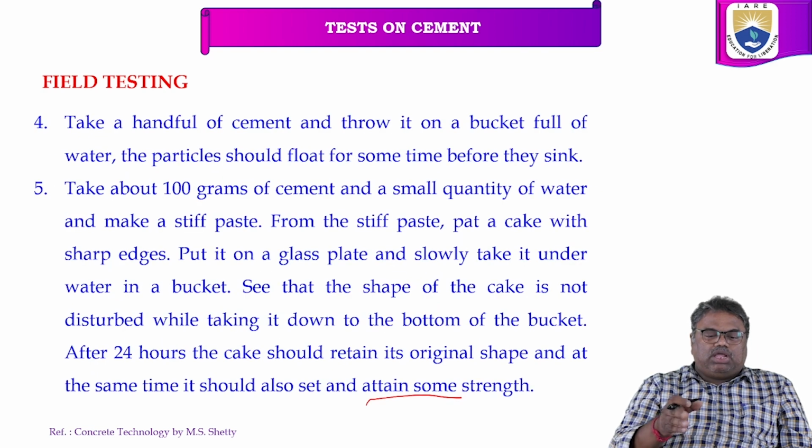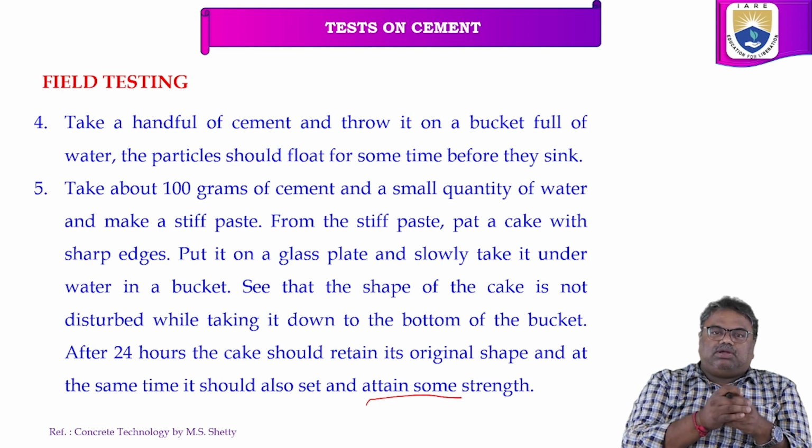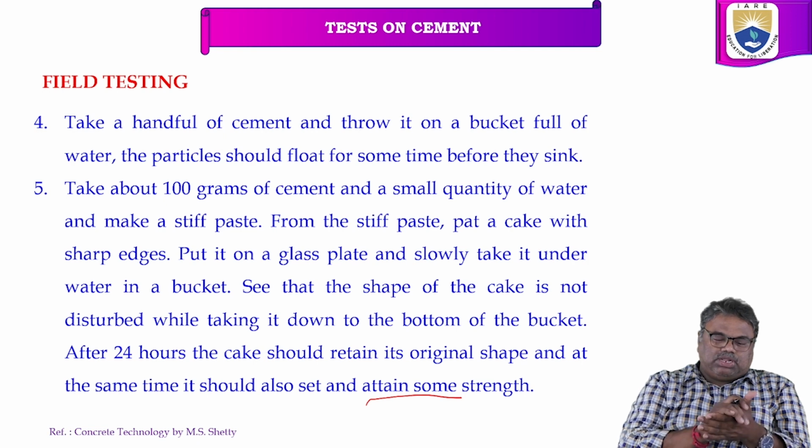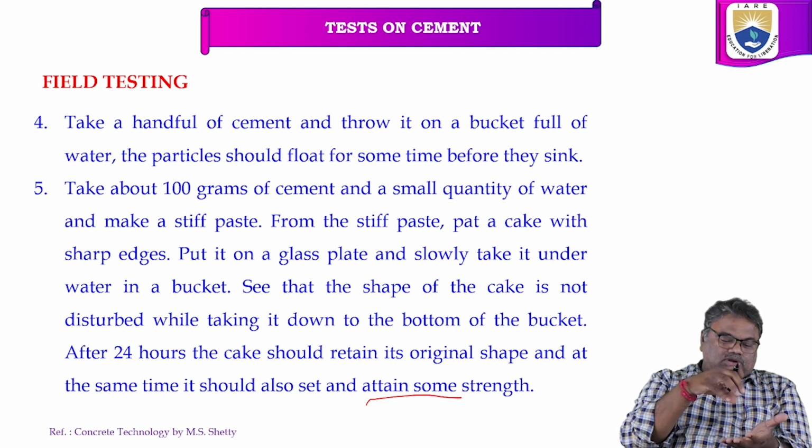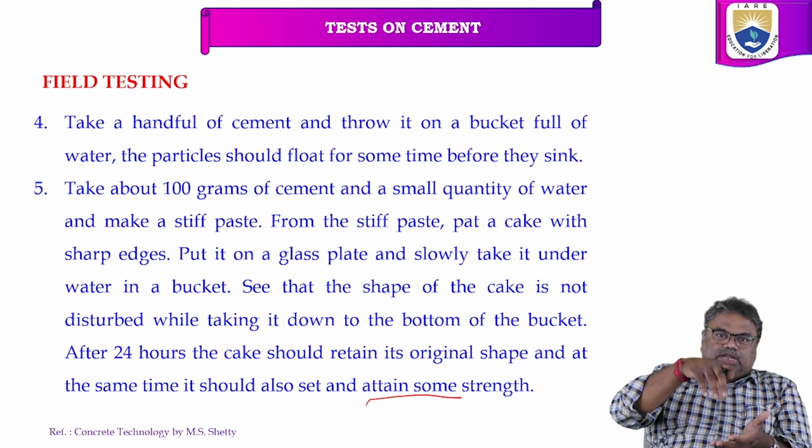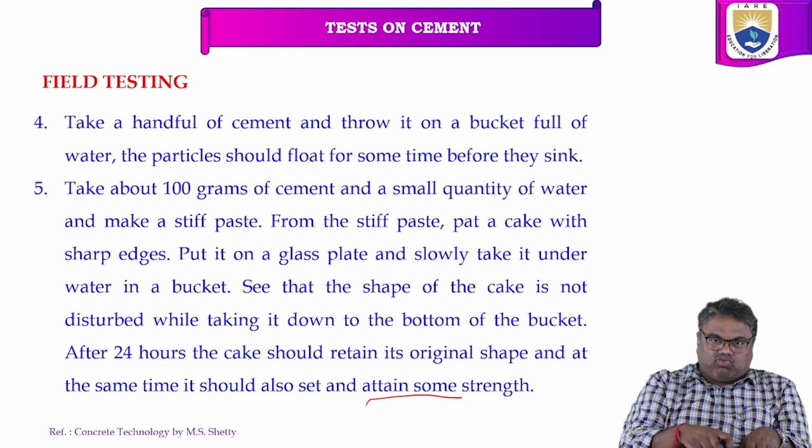This is the third one, and the fourth one is to take a handful of cement and throw it in a bucket of water. The cement particles have to float on the water before they sink. Then the fifth one: take 100 grams of cement, add some water, make a paste, put it on a glass plate, and dip the glass plate slowly to the bottom of a bucket of water.